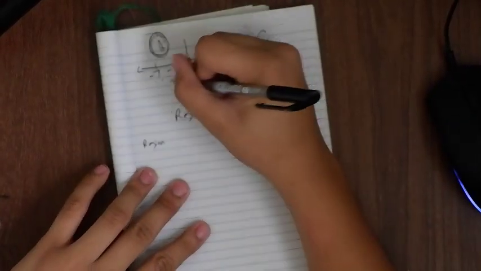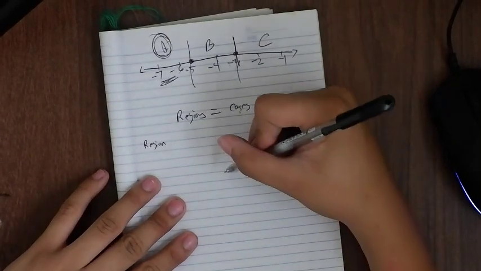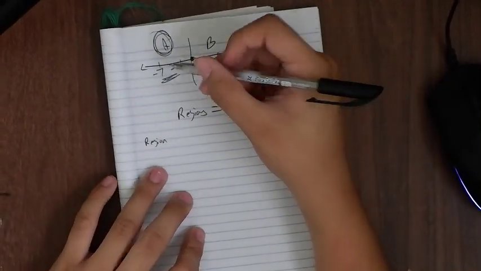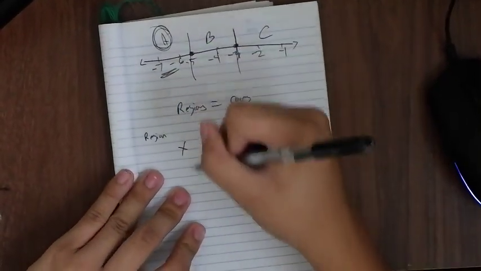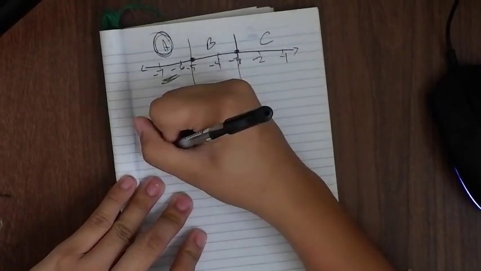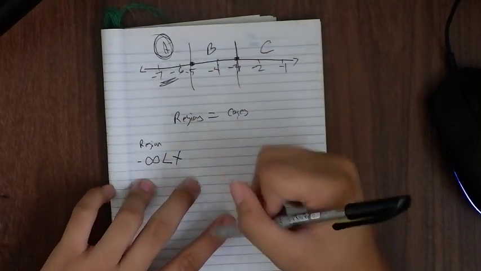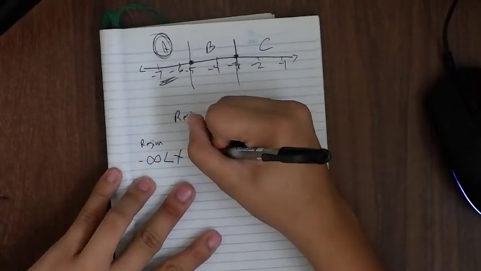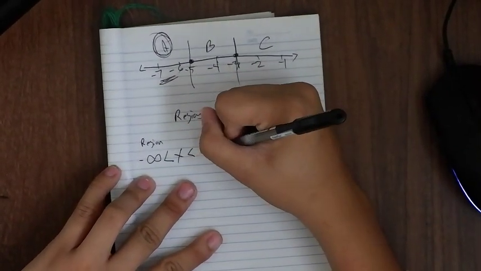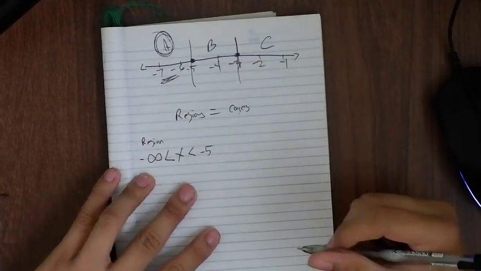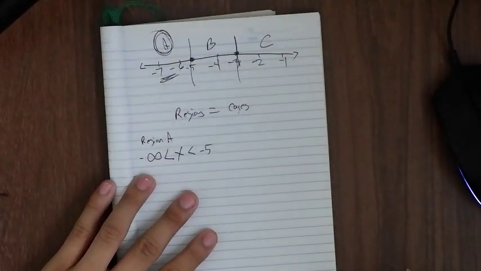So any number here is greater than negative infinity. We can let the number be x, so x is greater than negative infinity, but it is less than negative 5. That is for region A.